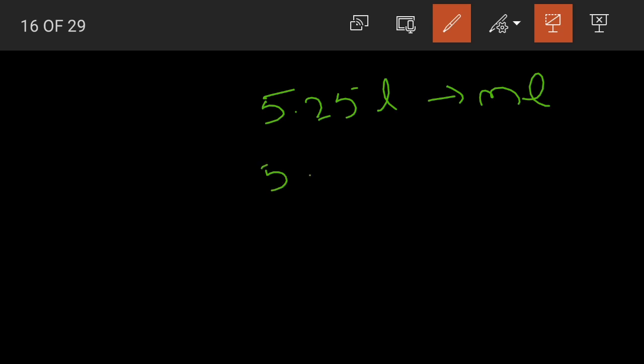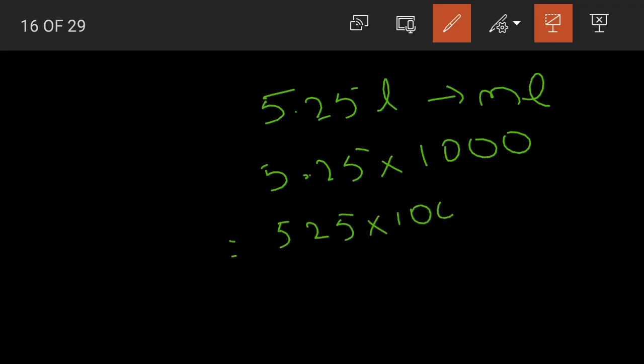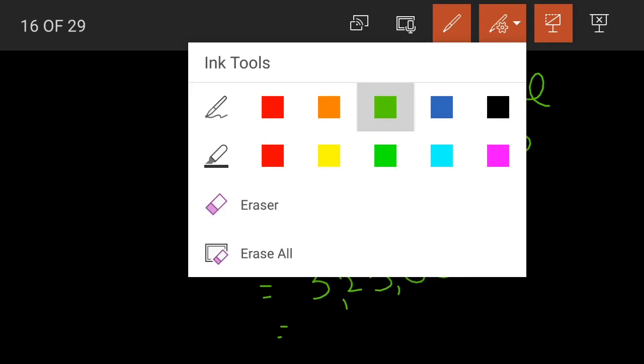Coming to question 2. 5.25 liters into milliliters. Again 5.25 liters to milliliters. Higher to lower unit, we need to multiply by 1000. So that is nothing but 525 multiplied by 1000, which equals 525,000.